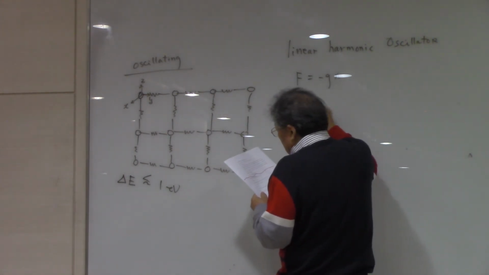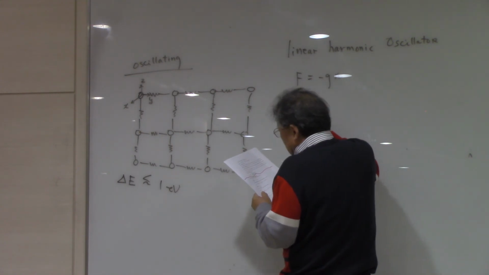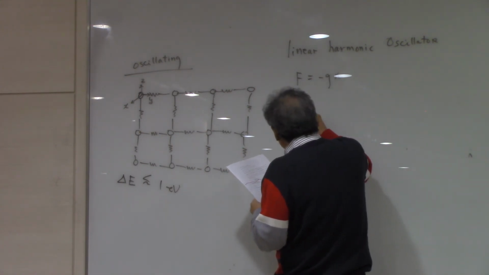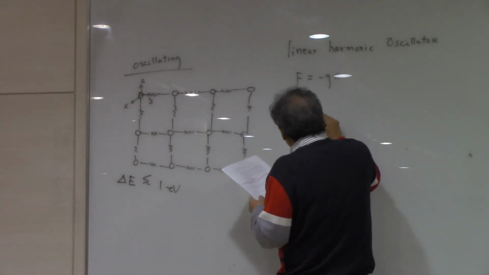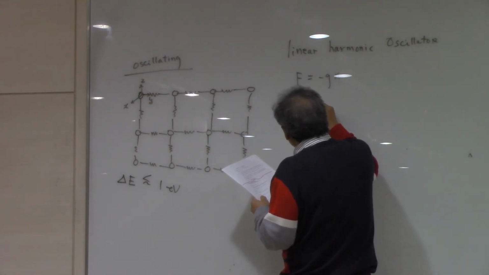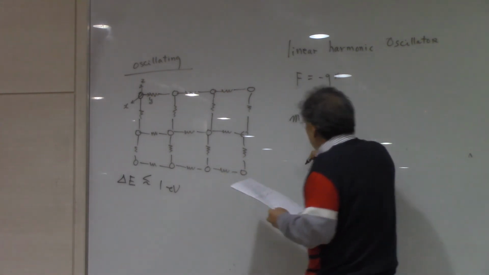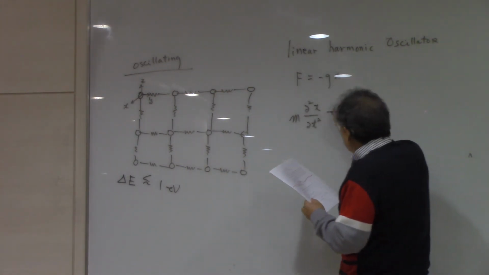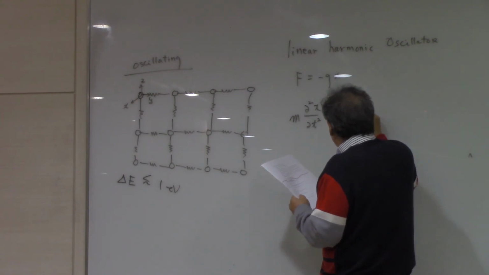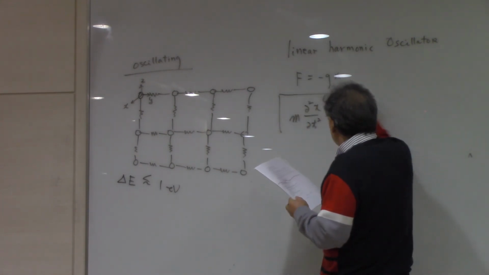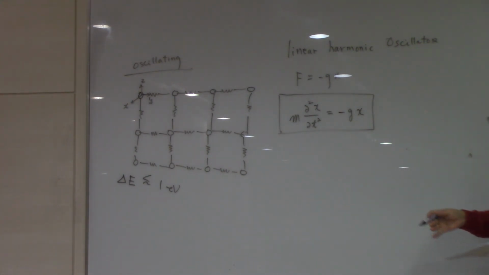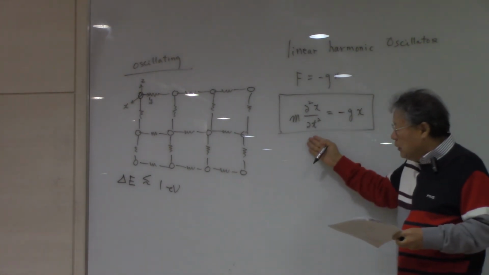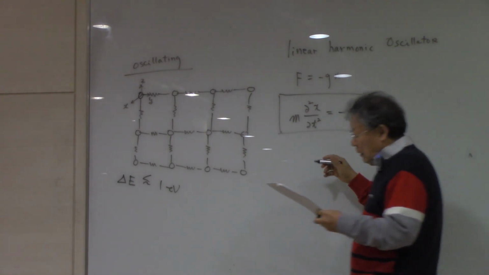And here, G is kind of a thing that F, which is ma in the Newtonian, right, is related to Gx, something like this. So G is a force constant which can be related to the Newtonian just like this.